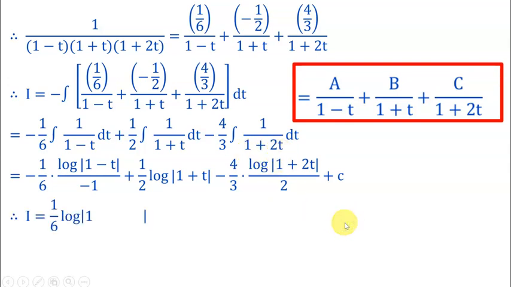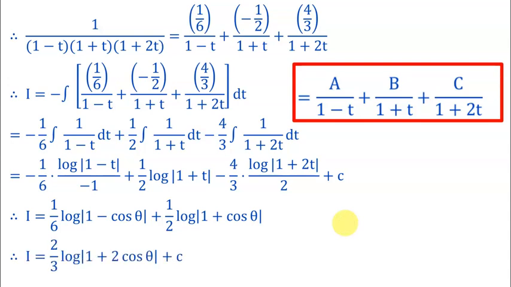Okay. Now next, substitute the value of t, which is cos theta.